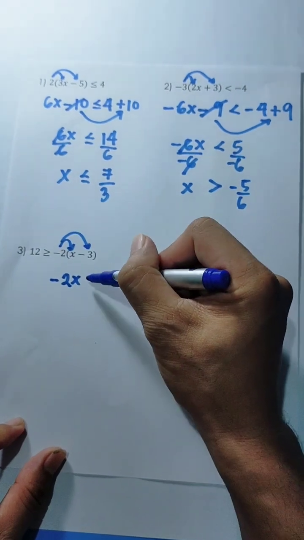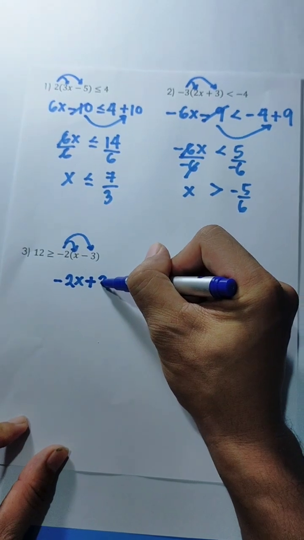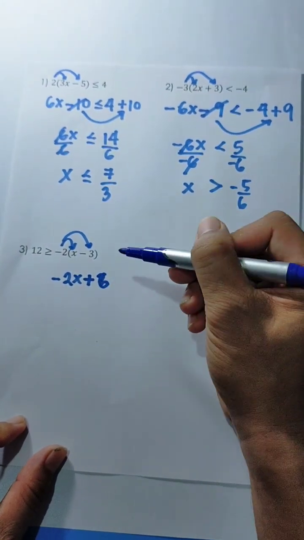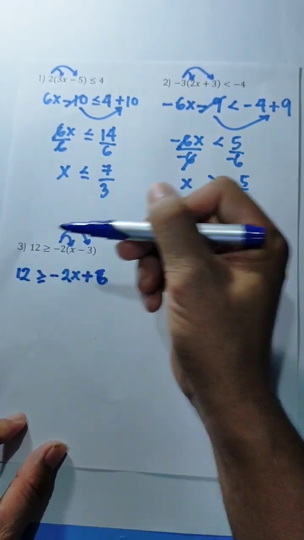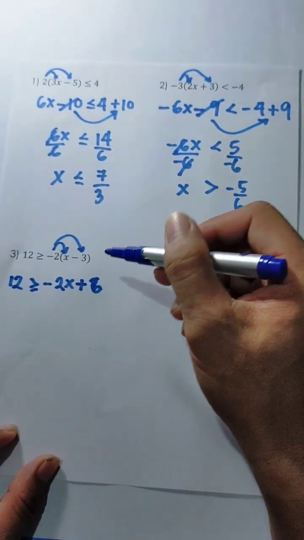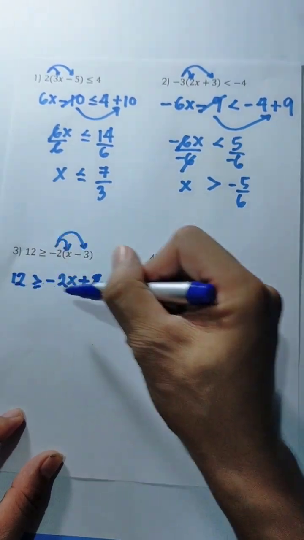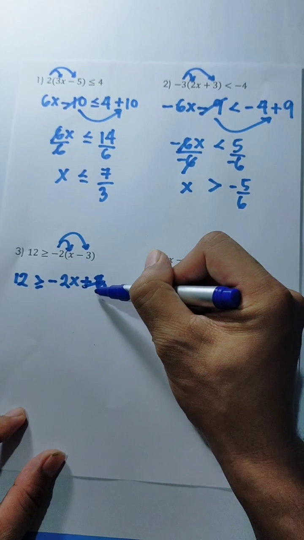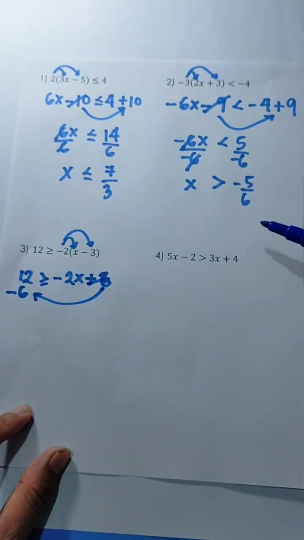Negative times negative is positive. 2 times 3 is 6. We copy the rest. And then we move the positive 6 to the left, and it will become minus 6.